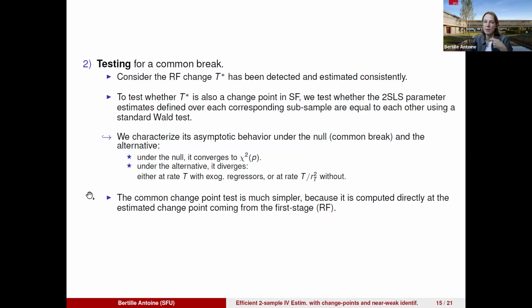And so that simplifies the math quite a bit. Under the null, you will converge to chi-square p, p being the number of unknown parameters. And then under the alternative, it diverges. And once again, you have a different rate of divergence depending on whether you have exogenous regressors or not.